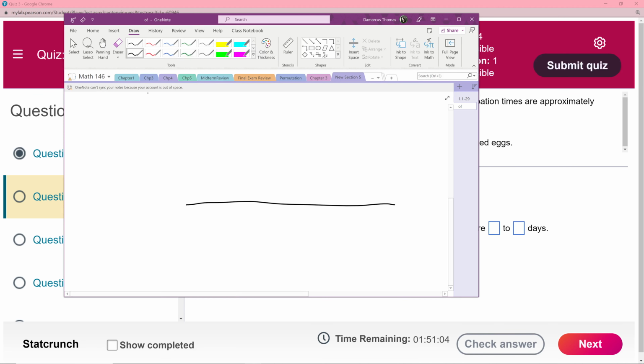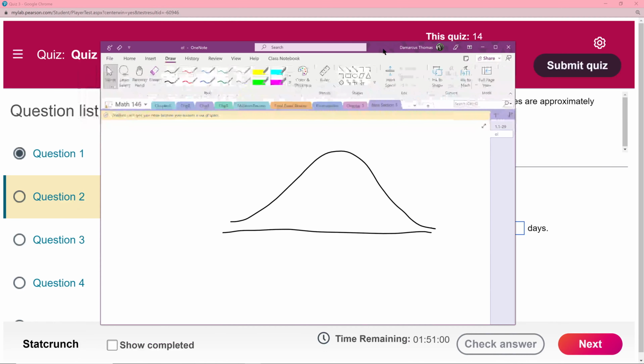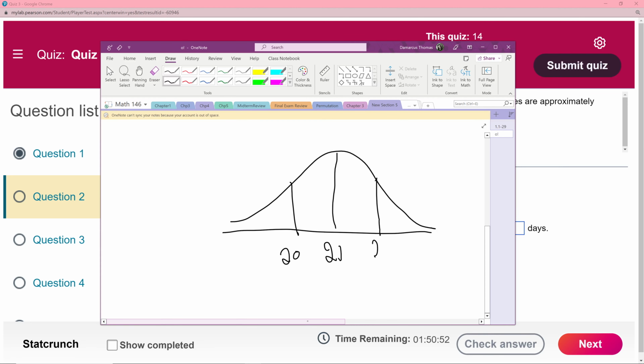Okay. Again, the mean is 21. Standard deviation of 1, so that would be 20, 22, 19, 2 deviations away, 2 deviations away, 23.